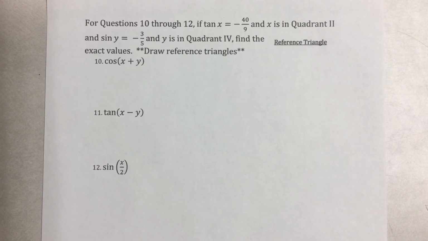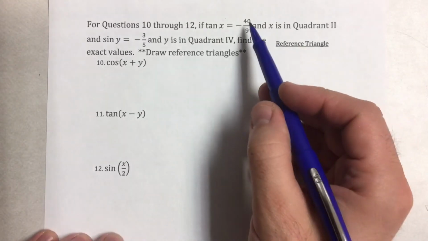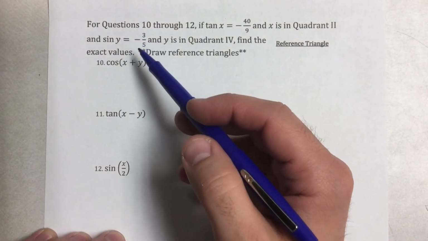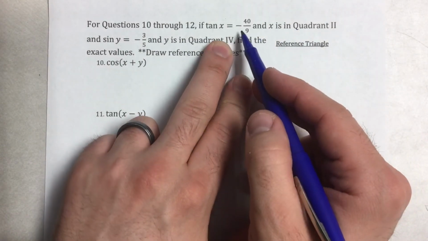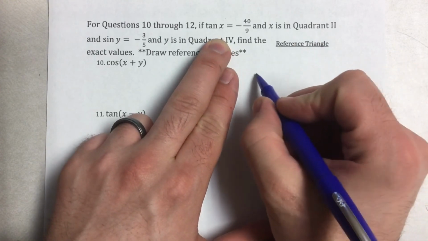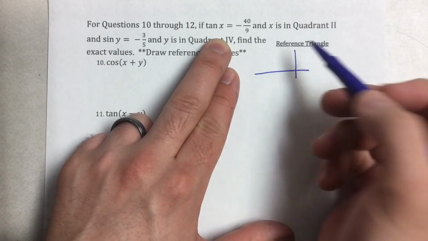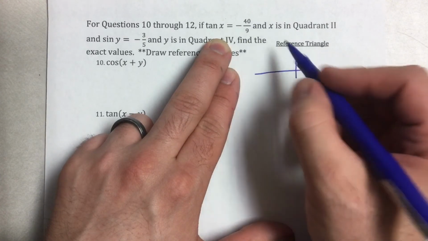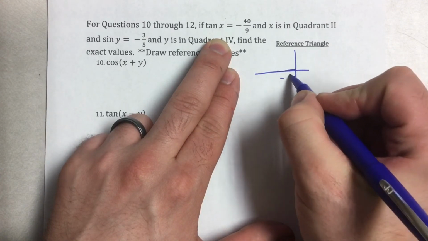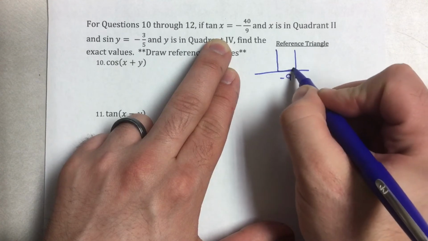So now here we're looking at a situation where we are going to have to use a reference triangle. And how I know that we're going to need a reference triangle is that the fractions that we're given are not fractions that I'm very familiar with. So we have our angle x in quadrant 2, with tangent being negative 40/9, so tangent's opposite over adjacent, so we have 40 and negative 9.